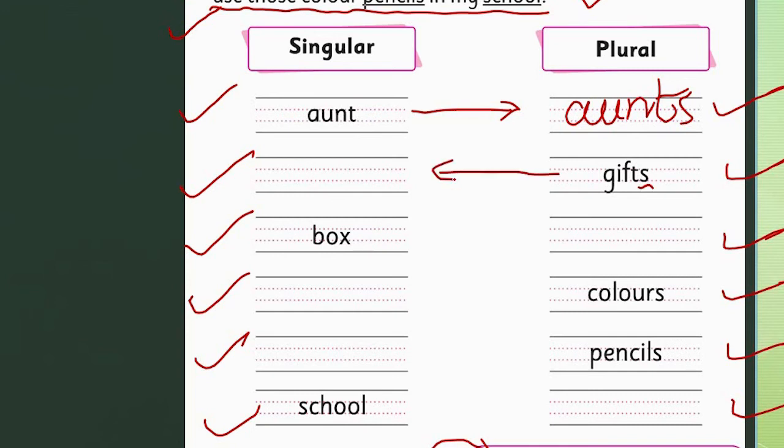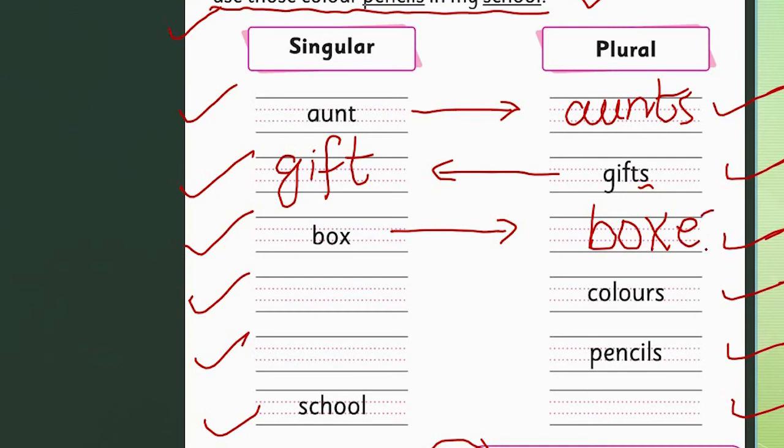Gifts, gift. I'm writing it a little bigger from the lines, but you have to write between these 4 lines. Box, boxes. Now for the word box, we're going to add ES.